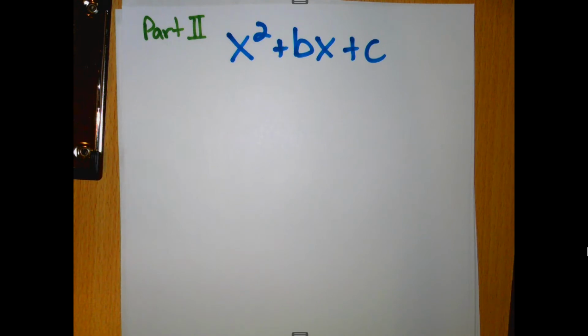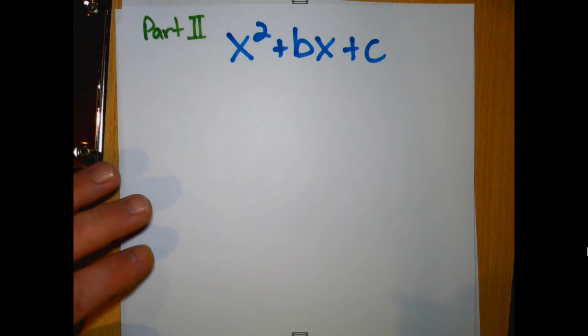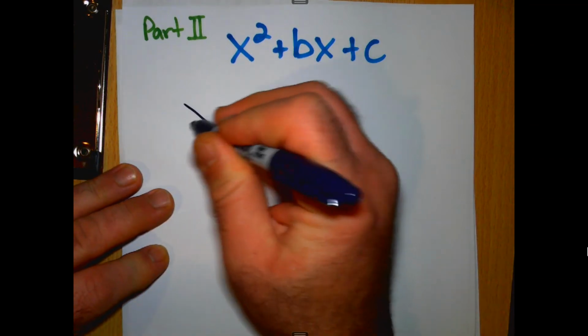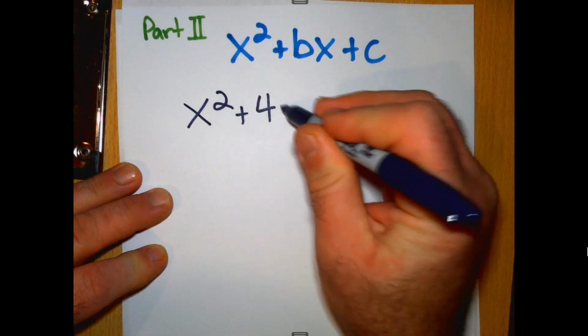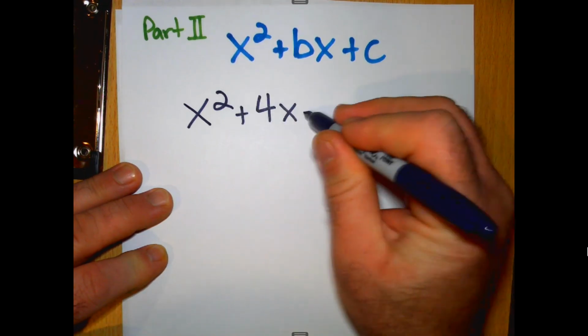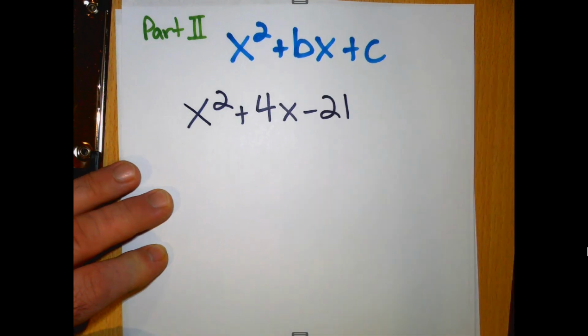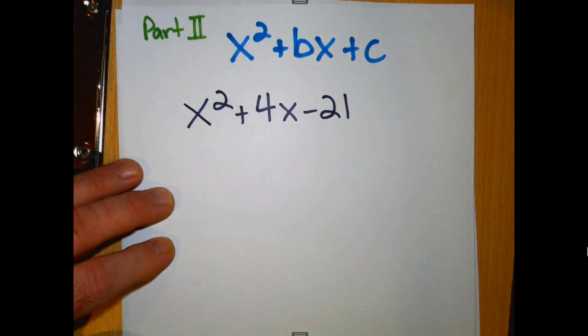And in this example, I'm going to include ones with negative terms that make up the expression. So here's the example: x squared plus 4x minus 21. So it might be helpful to create a little chart.